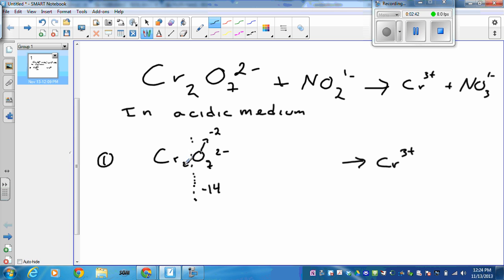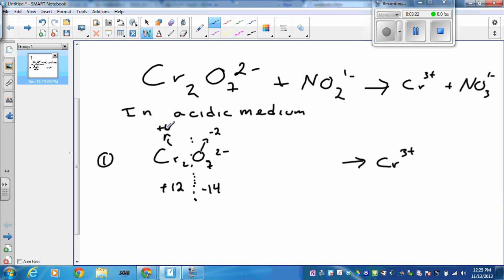The sum of the charges on the chromiums and the charges on the oxygens must equal 2-. So one of the rules about oxidation numbers is the sum of the oxidation numbers on each element must equal the charge on the polyatomic ion together. So the question is, what number added to -14 is equal to -2? And that is +12. So that means that there must be a +12 here in total. There are 2 chromiums, so each one of these must be +6.